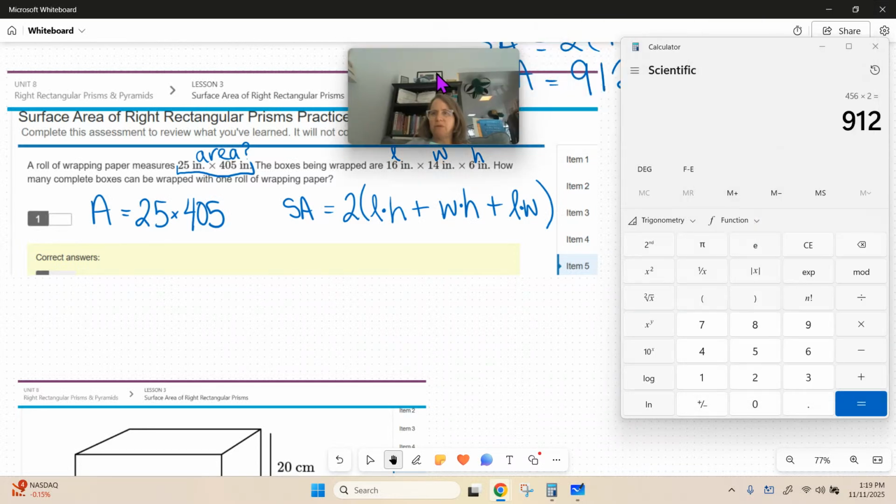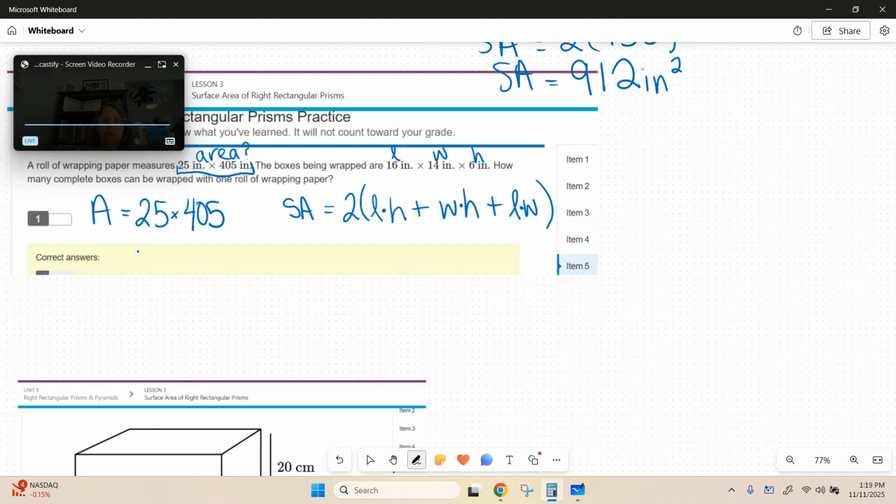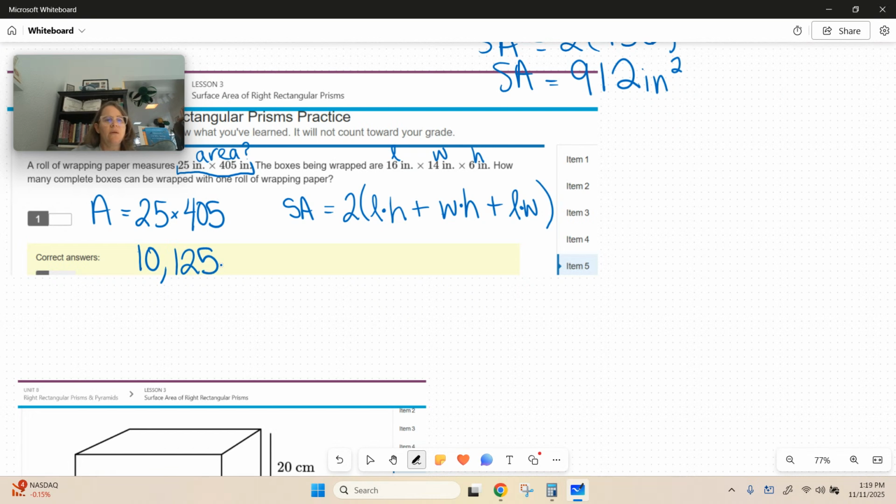Okay, 25 times 405. 10,125 square inches of wrapping paper. This is the total paper.